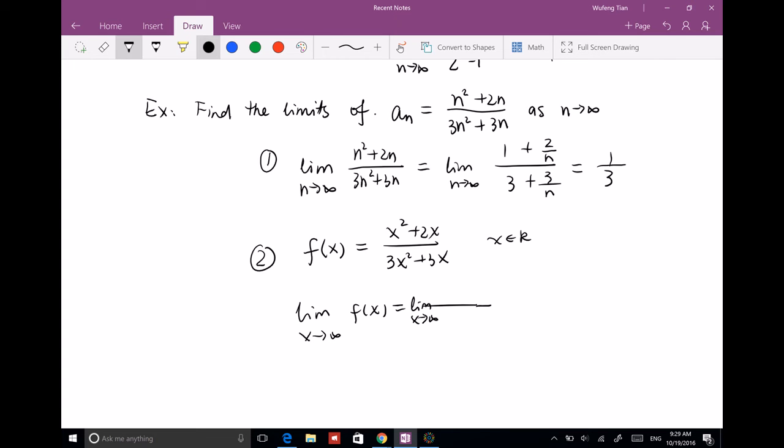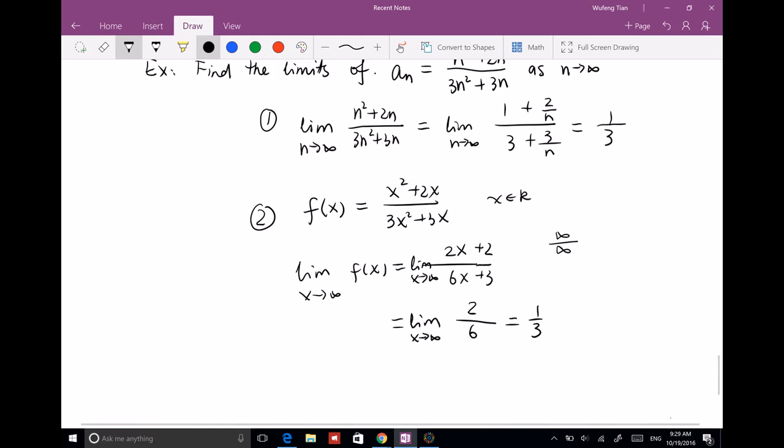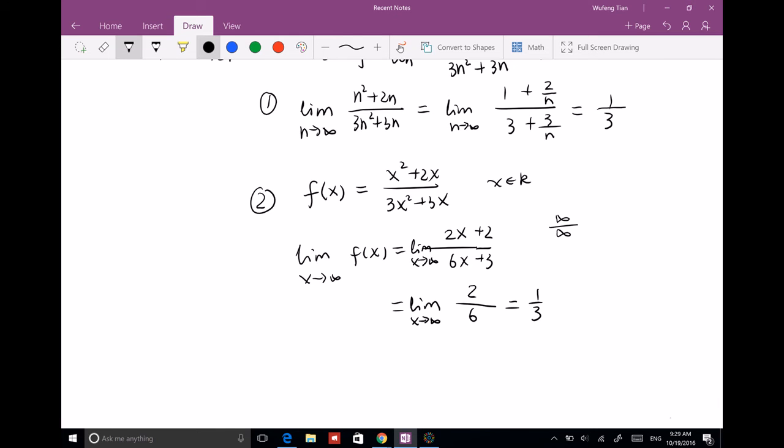Because this is a continuous function in infinity over infinity form, you can take the derivative: the top is 2x plus 2 and the bottom is 6x plus 3. It's still infinity over infinity form, so you use L'Hopital's rule again. As x goes to infinity, that is 2 over 6, which equals 1/3.